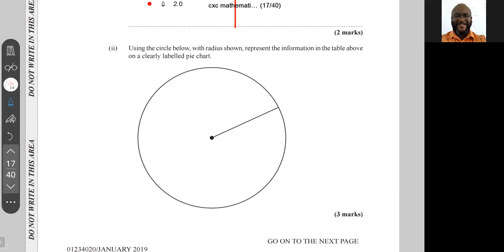The center of the protractor goes to the center of the circle, and I'm measuring 45 degrees. So 10, 20, 30, 40, 45 degrees put me around here. So I'm going to line up that point with the center and draw a line. So this is 45 degrees, and it corresponds to other.